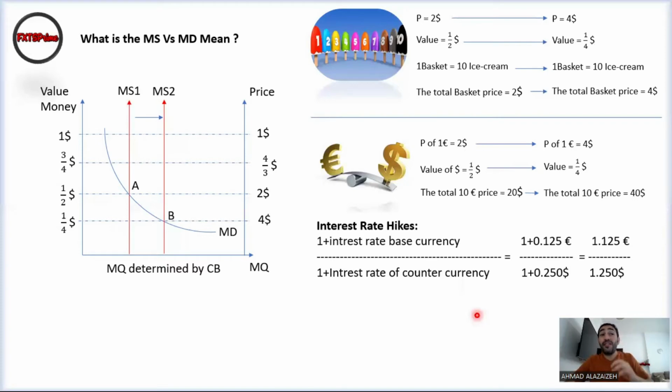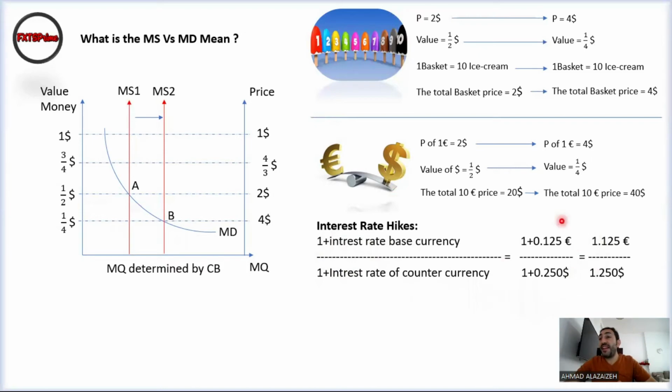That will give us a hint how to trade the currencies and how to trade gold as well. The formula is 1 plus the interest rate of the base currency, divided by 1 plus the interest rate of the counter currency.